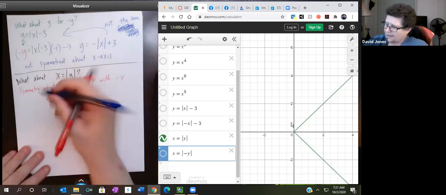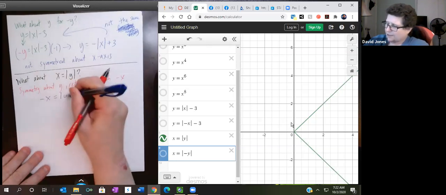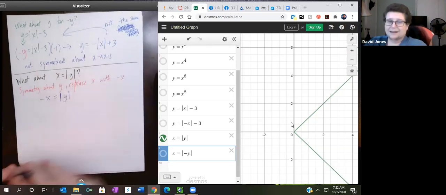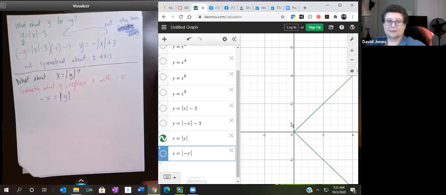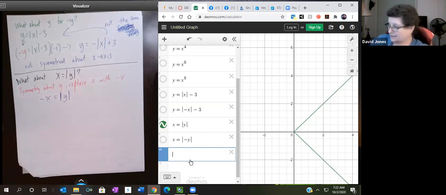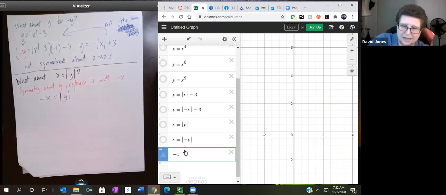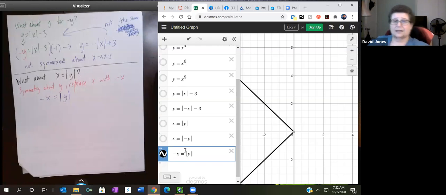If I do that, I got negative x equals absolute value of y. That doesn't even work. Absolute value of y can't be negative. In fact, what happens if I try that? Negative x equals absolute value of y. The only values that works for is when x is a negative number. See that?